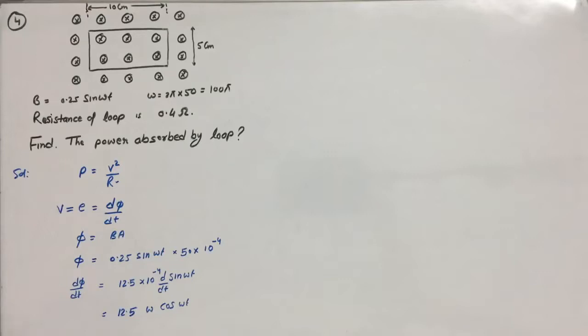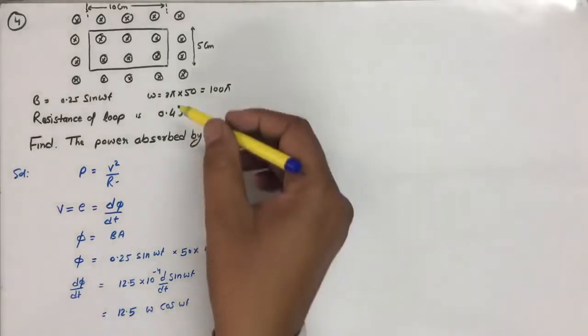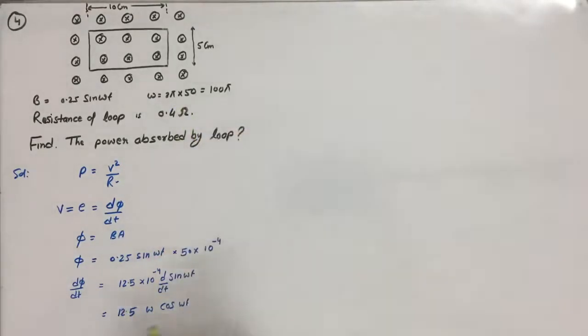We have it, and omega we know from here, so putting the value of omega, that will give us 12.5 times 100 pi cos omega t. This is d phi over dt, and we know this is nothing but the EMF induced in the conductor.